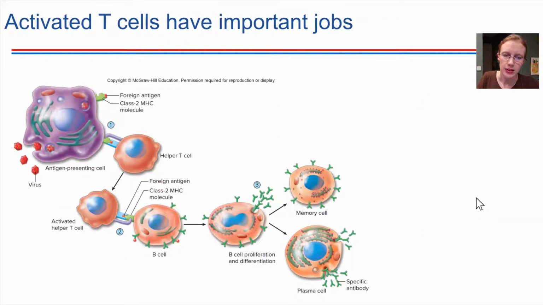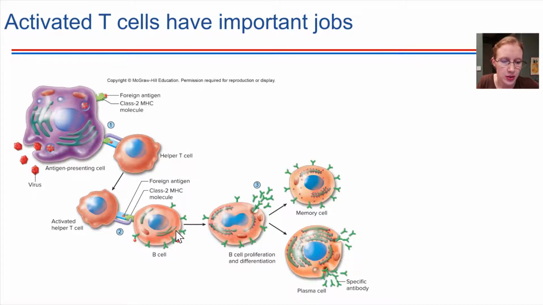Once a T cell is activated, it has two very important jobs. So right here, here's a helper T cell. It's just been activated by that binding. What it's going to do next is travel over here and make a connection with a B cell. This B cell is specific to that same antigen, so that binding is able to happen.